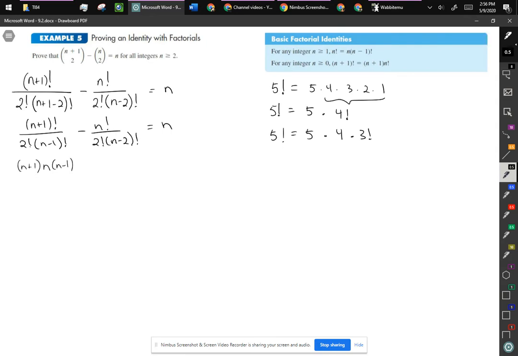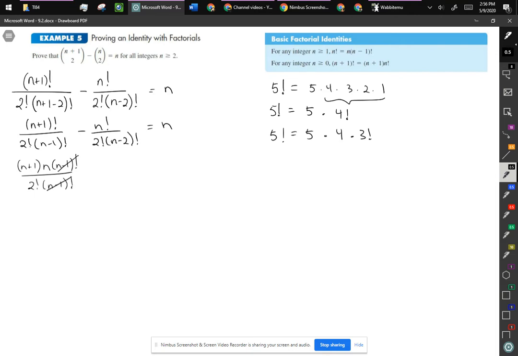So if I stop there and said, well, the remaining factors would be n minus 1 factorial, I can now take my entire fraction and cancel that part out. Again, I understood that n plus 1 factorial was bigger than n minus 1 factorial, so I would have factors in n plus 1 factorial to cancel out n minus 1 factorial.